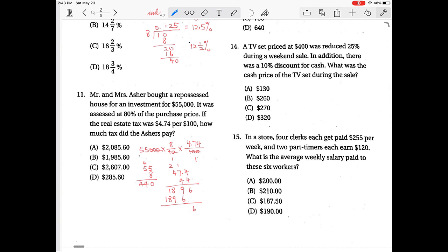Here we have 6, 15, 18, 1 plus 8, 9, 9 plus 1, 0, and 1 decimal place, 2085.6, which is option Alpha.